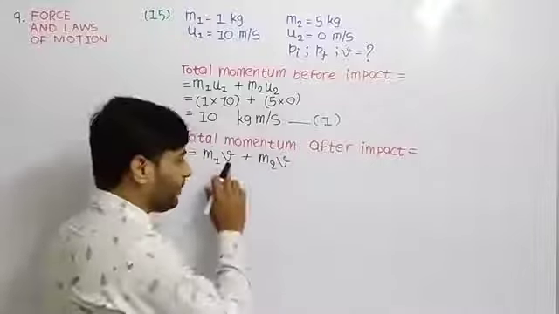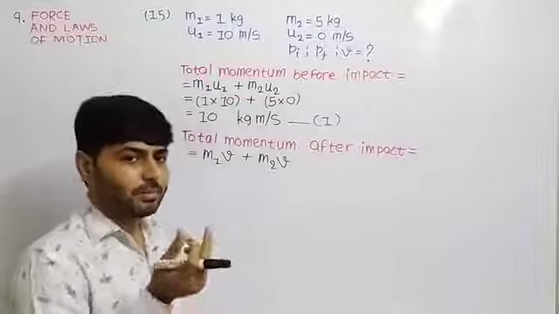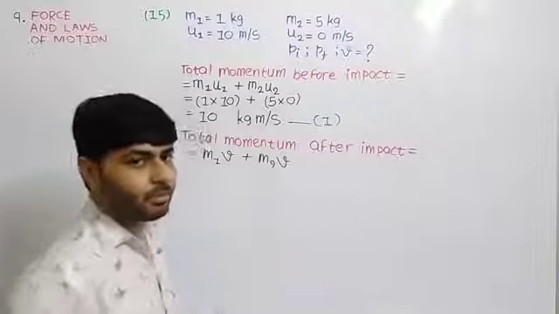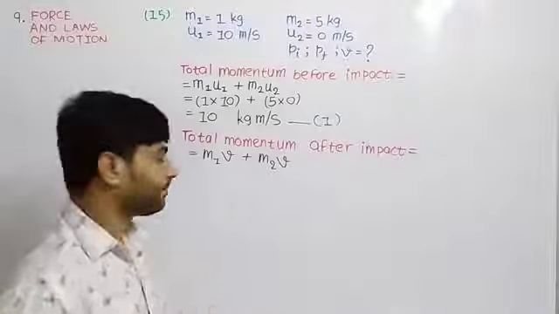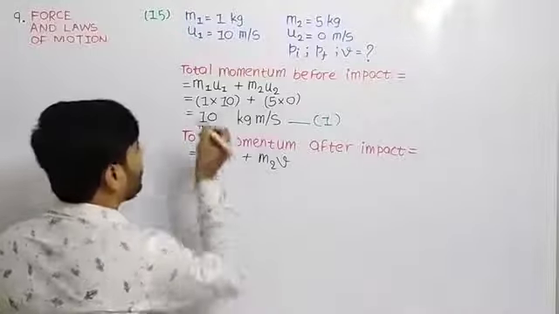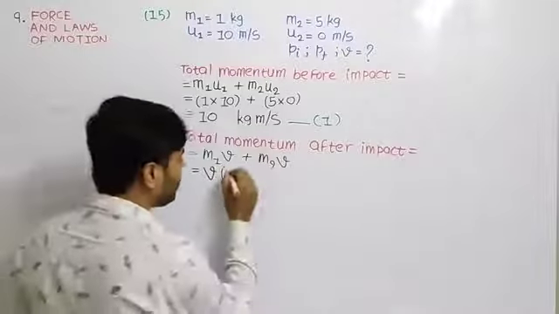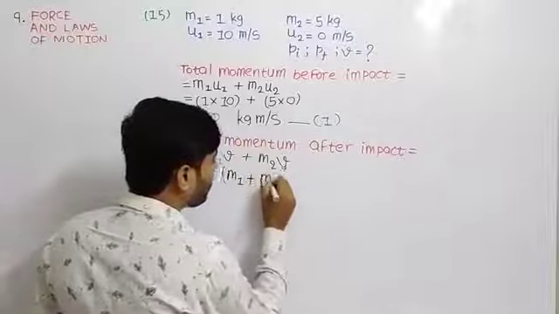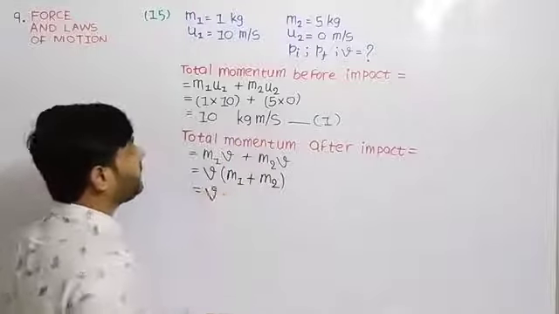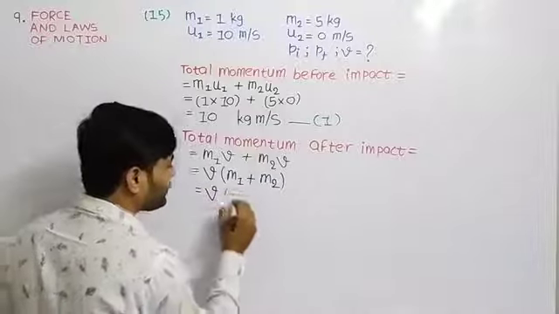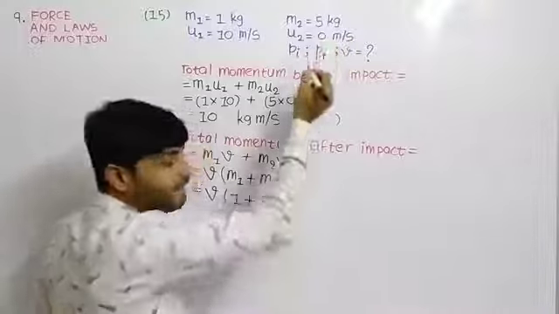Why write only v instead of v1 and v2? Because now both objects are combined and move together, so I write velocity as common v. I take v common, so I have m1 plus m2 times v, where m1 is 1 kg plus m2 is 5 kg.